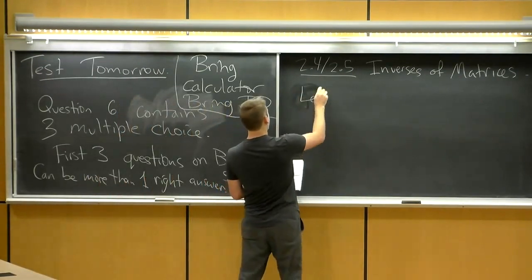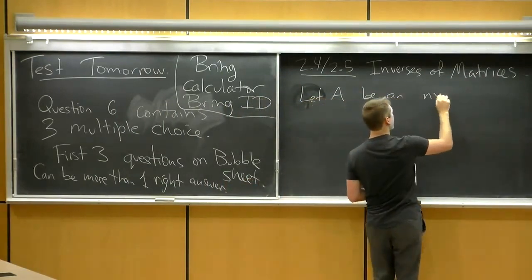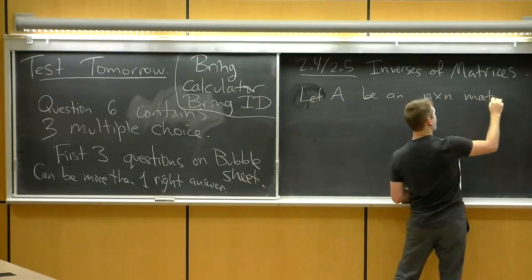So let A be an n by n matrix, so it's a square matrix.